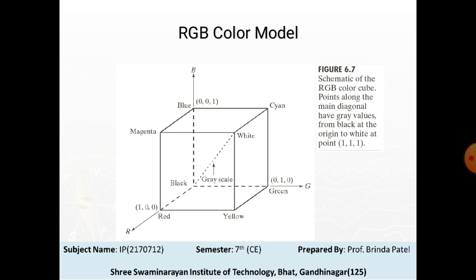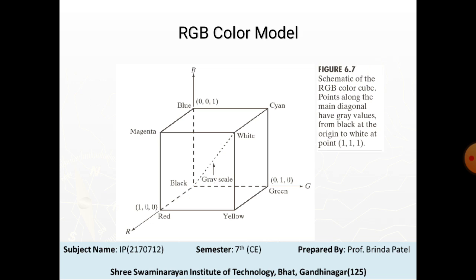In the RGB model, each color appears in its primary spectral components of red, green and blue. This model is based on the Cartesian coordinate system. The color subspace is shown in this cube, in which the RGB primary values are at three corners.